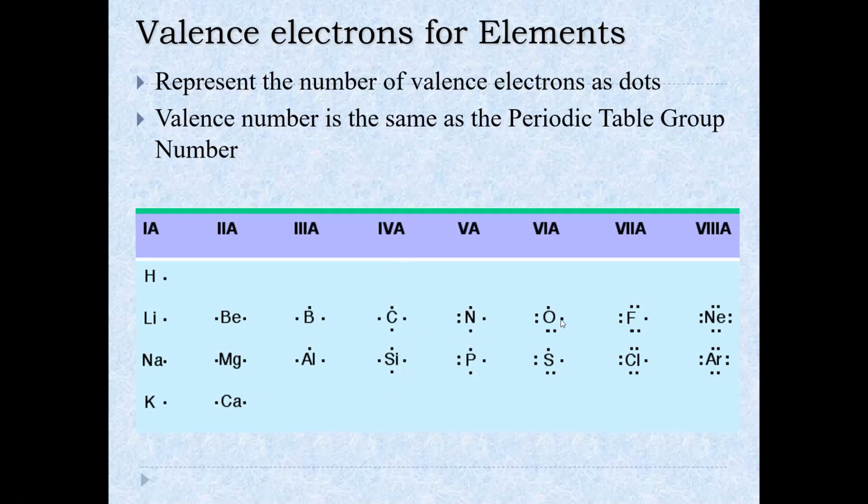Similarly with phosphorus. Oxygen has 6, 2 will be paired, 2 others will be single. See that fluorine has 7 and neon has 8 and argon. So your valence number is the same thing as the group they belong to on the periodic table. I hope you understand that.